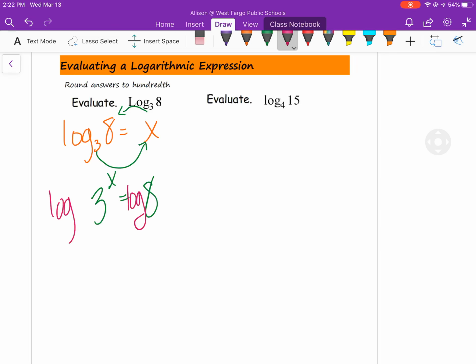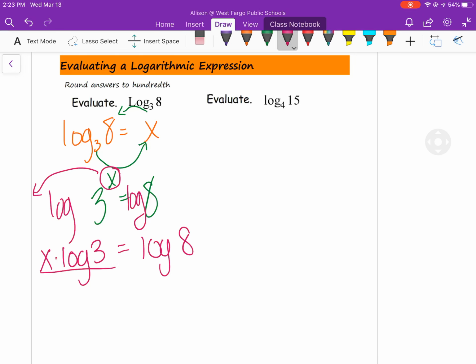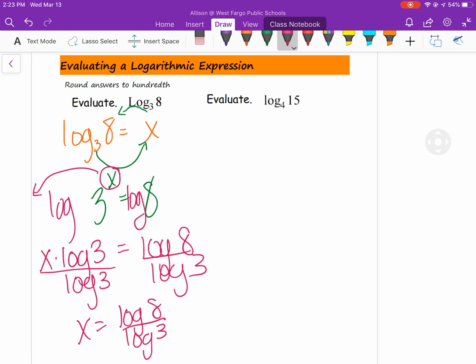The log of 3 to the x, this x comes out front, that's the rule, so it's x times log of 3 equals log of 8. And I just did the common log, so this is common log base 10. And then to finish solving for x, I divide by the log of 3 on both sides. And x is going to equal the common log of 8 divided by the log of 3.